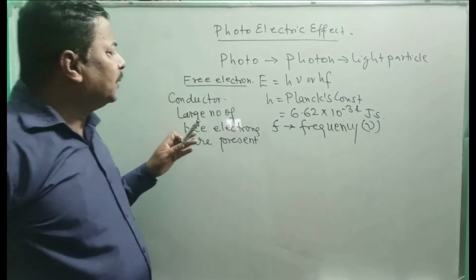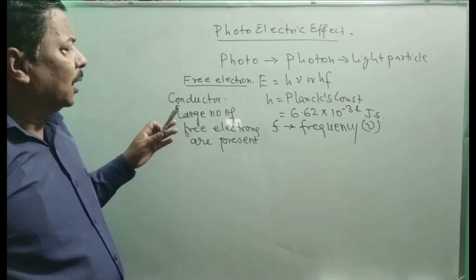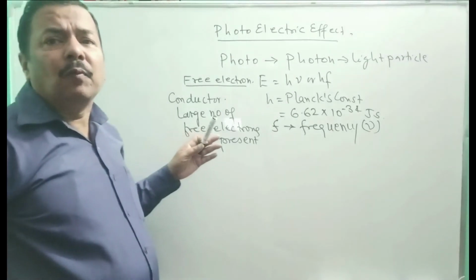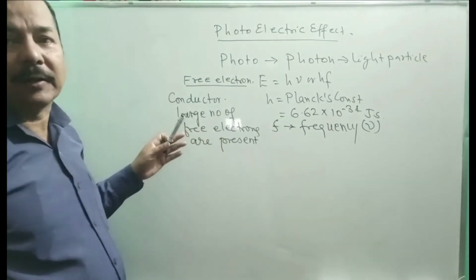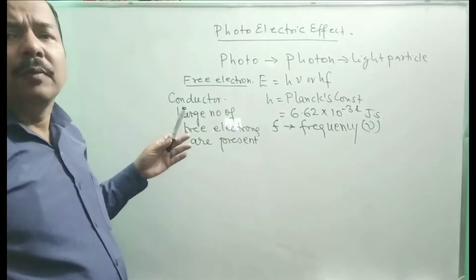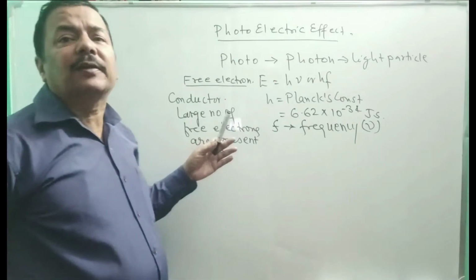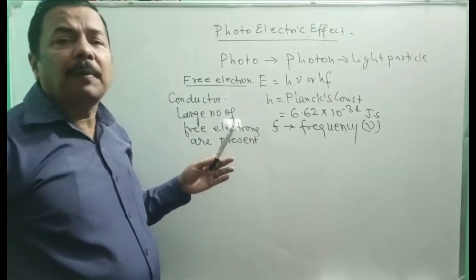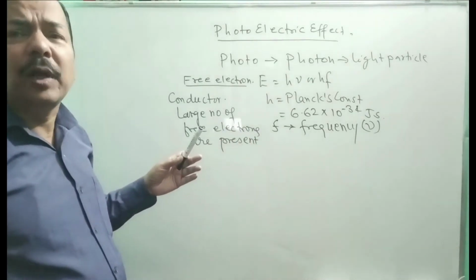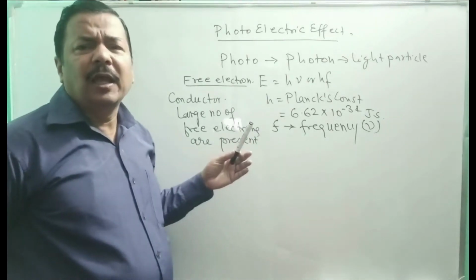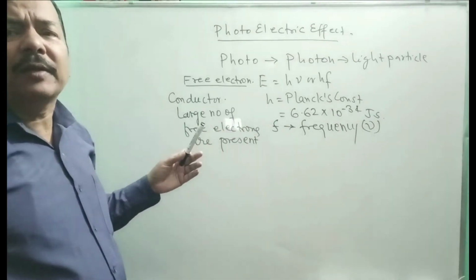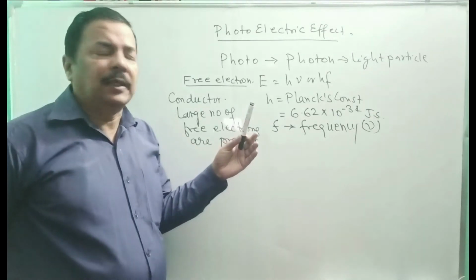So free electron basically helps us in understanding why a substance is a conductor. If we talk about bad conductor, then the number of free electrons is less. If we talk about insulator, ideal insulator we cannot say, then the number of free electrons is even very less.